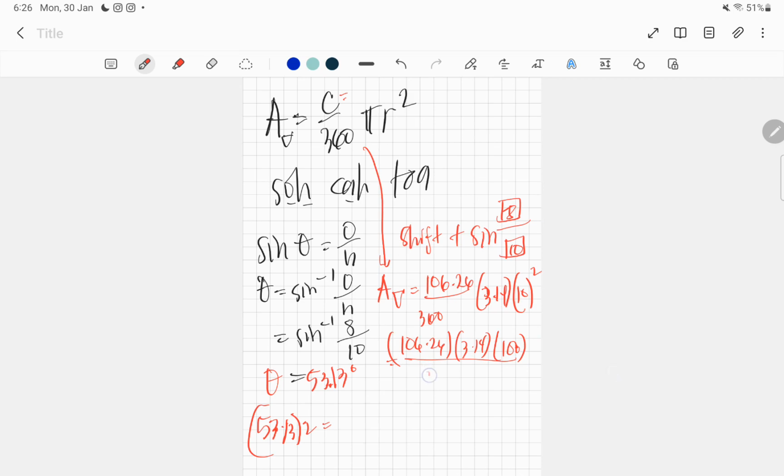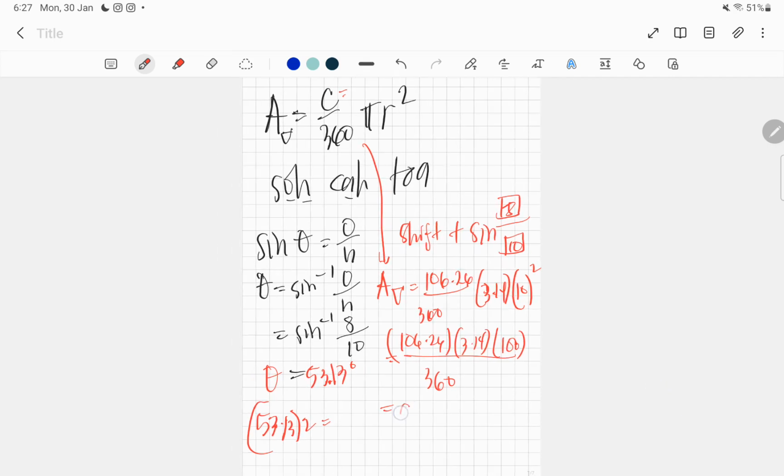Then divided by 360. Pero kapag may mga high functions naman kayo na calculator, you can input that directly. So 106.26 times 3.14 times 100 over 360. If we're going to simplify that, we have 92.68.